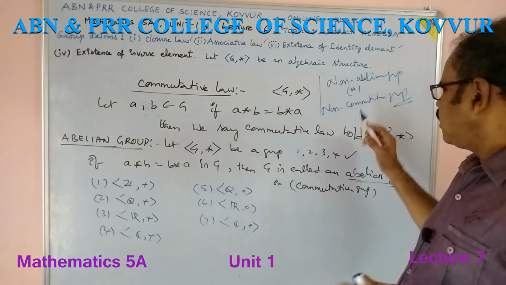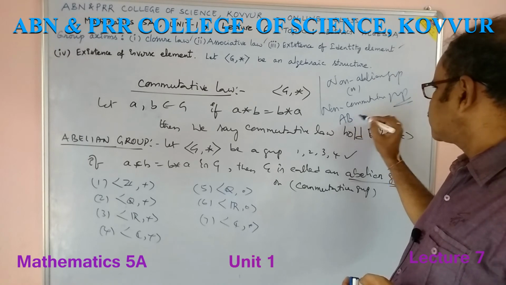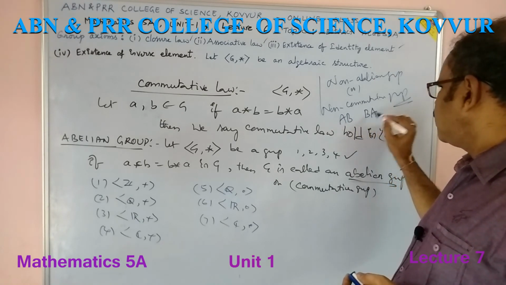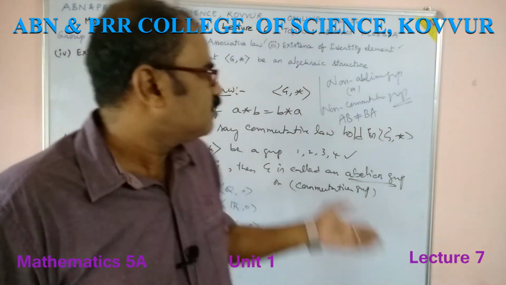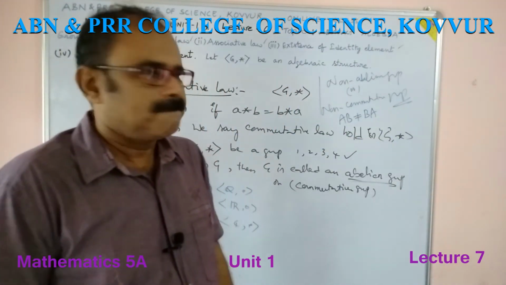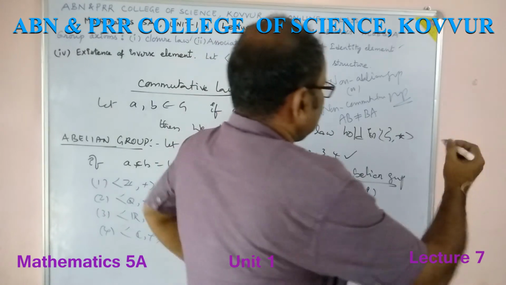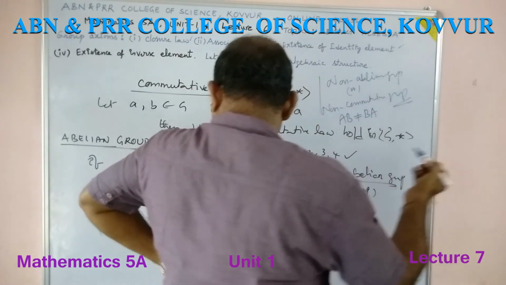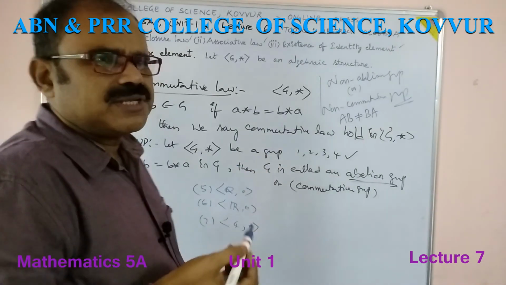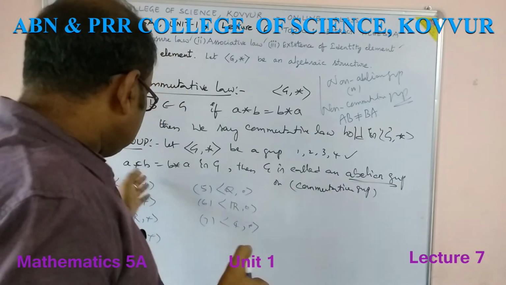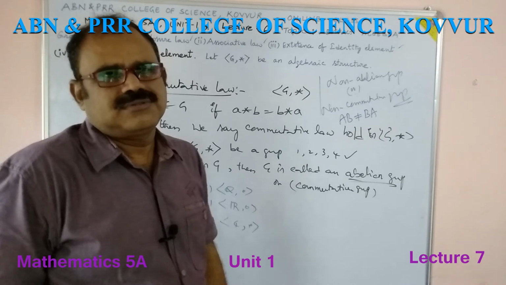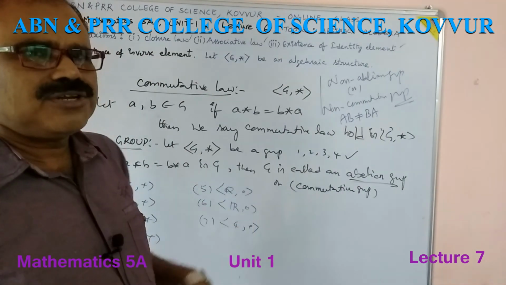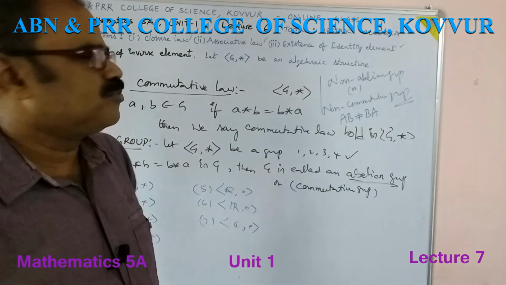Simple example: A and B are two matrices. The product of A and B need not be equal to B and A. If we consider the group with common addition, common multiplication, it is very easy to verify that the commutative law clearly holds. With other binary operations, they won't become groups also.